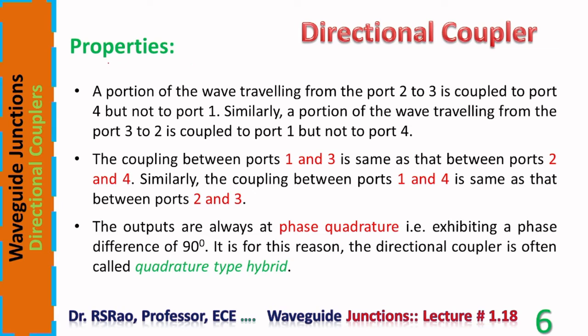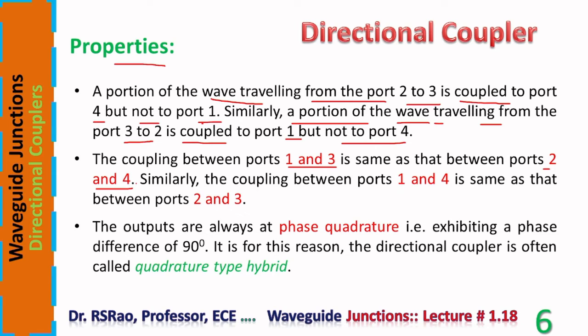Some more properties. A portion of the wave traveling from port 2 to 3 is coupled to port 4 but not to port 1. Similarly, a portion of the wave traveling from port 3 is coupled to port 1 but not to port 4. The coupling between ports 1 and 3 is the same as that between ports 2 and 4.